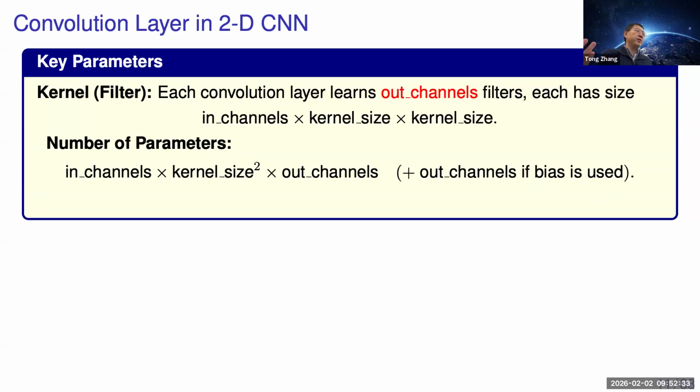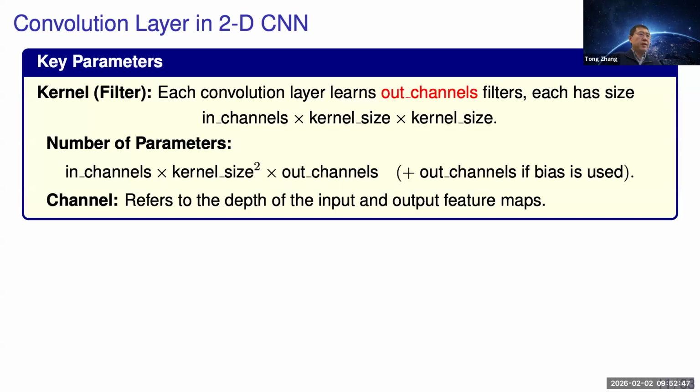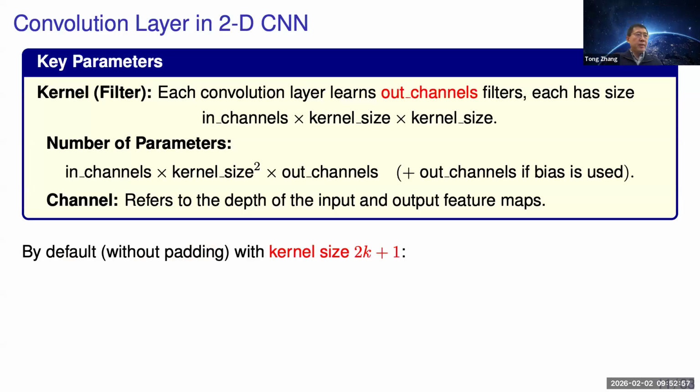This is where parameter sharing comes in: for each pixel, they share the same parameters. You apply the same operation for every pixel, so basically this saves on your model size. Channel refers to the depth of input and output. You have out channel, you have in channel. So basically, this is how it works.